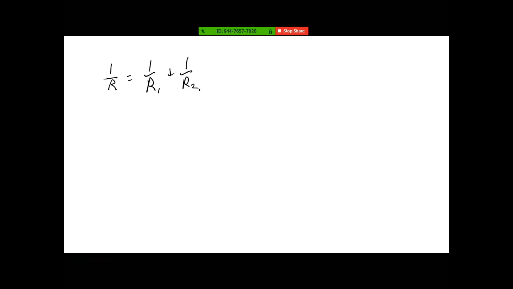Okay. Now, whatever those R's are down there, what if you're trying to add fractions like that? Well, you'd have to have a least common denominator. The common denominator would be R1 times R2. Now, you had a 1 up here over R1.